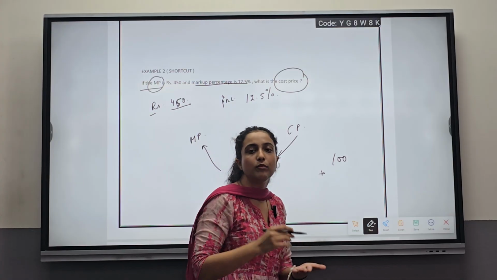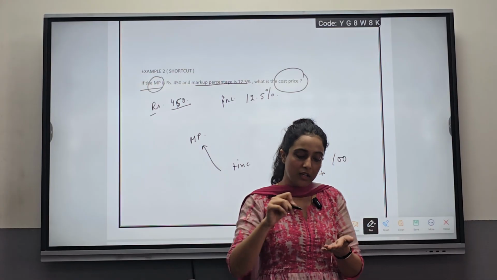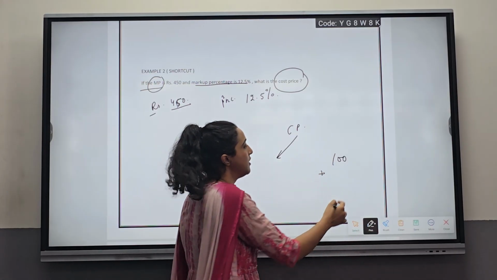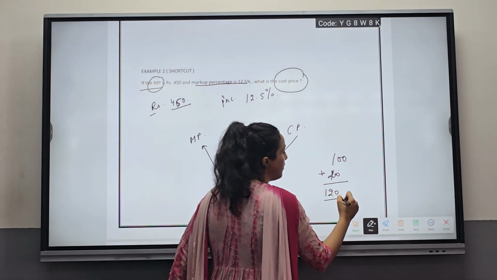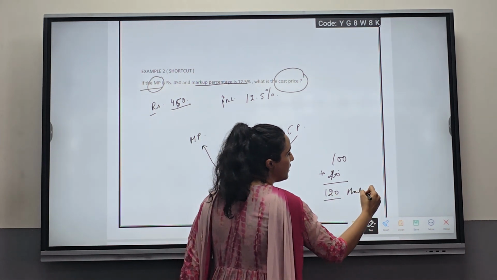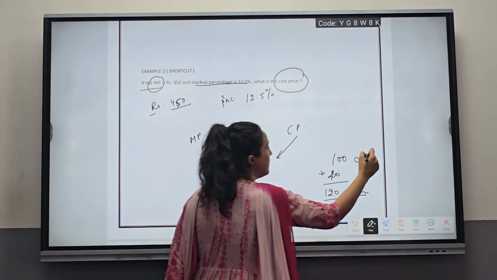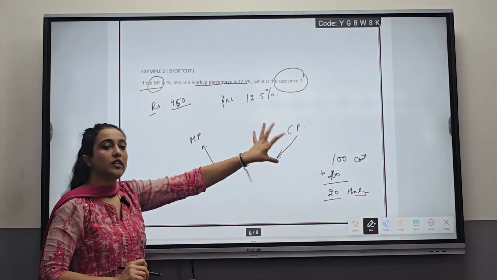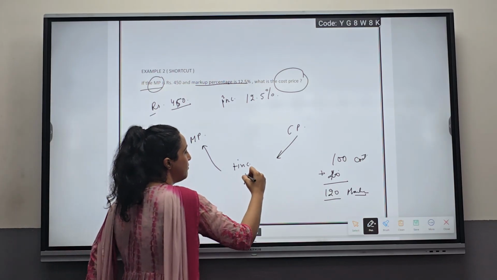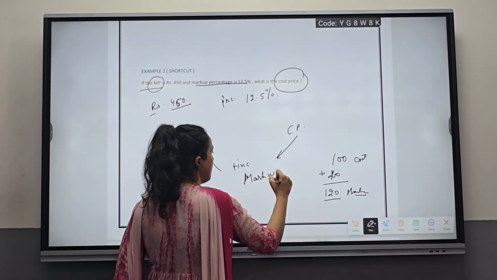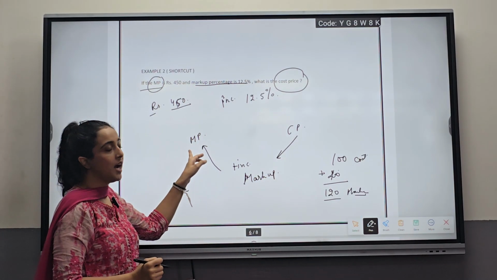We purchase an item and then we mark it, we are selling it for 110 or 120. I want to sell it for 120, this is the marked price, this is your cost price. So you had a cost price, you increased it by some markup and you got a marked price.